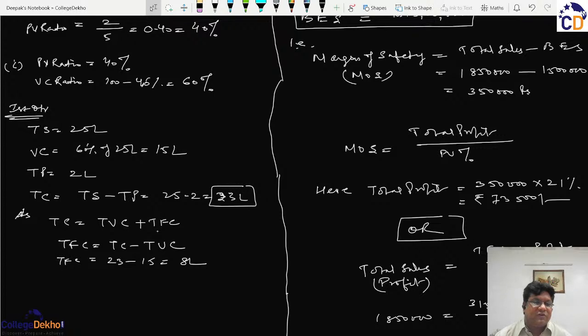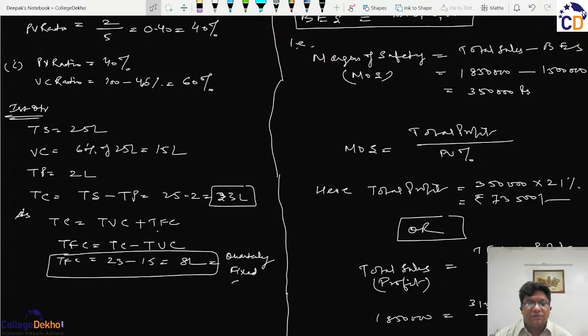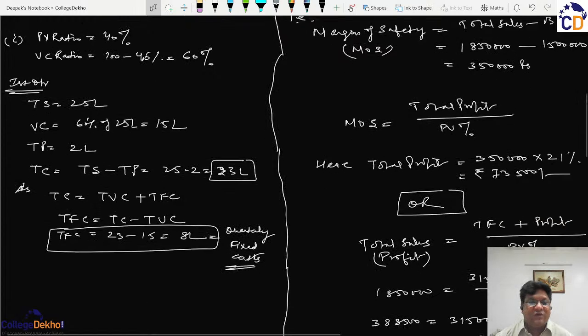So this total fixed cost of 8 lakhs, because it has been calculated on the quarterly data, denotes the quarterly fixed cost.